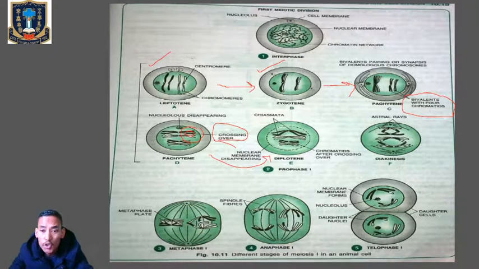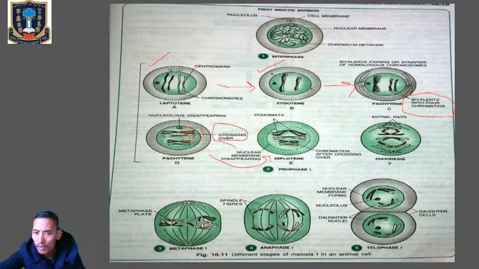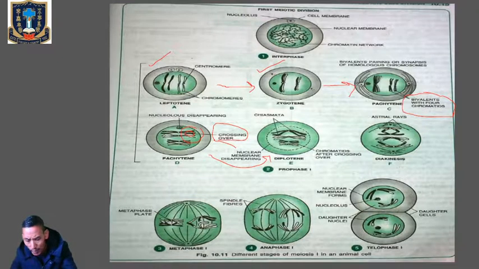In the zygotene phase. Okay, we have learned that during the zygotene there is formation of the synaptonemal complex. Now in the diplotene phase, that synaptonemal complex starts to dissolve.